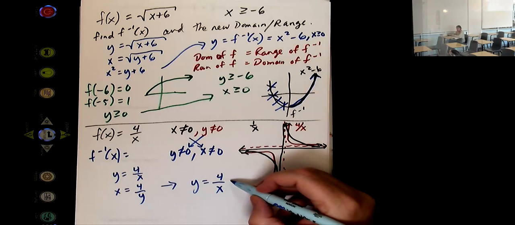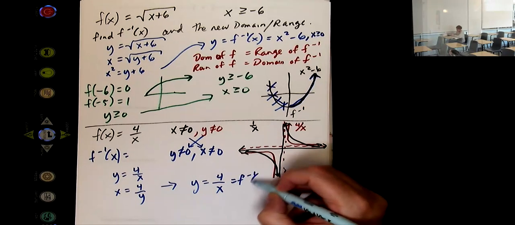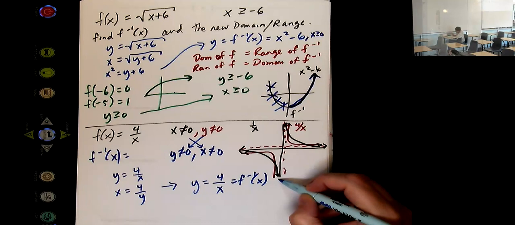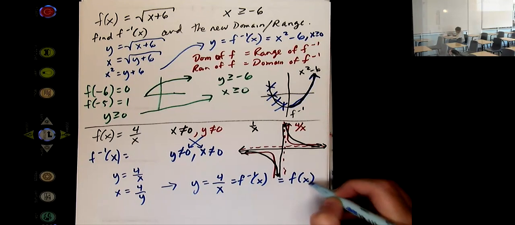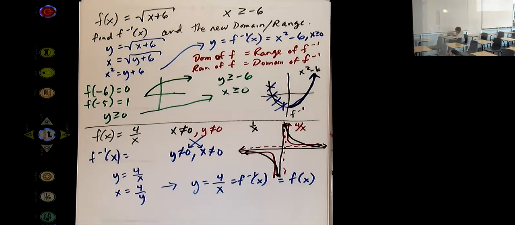Which is f inverse. But interestingly enough, it's also f of x. The 1 over x function is actually its own inverse, which is pretty cool. That's crazy.